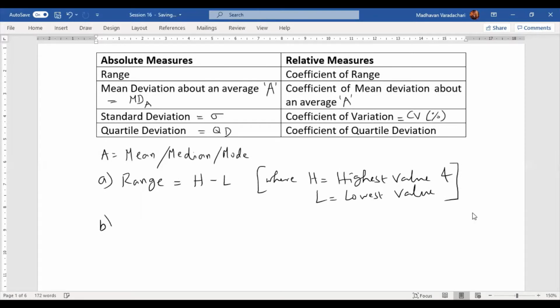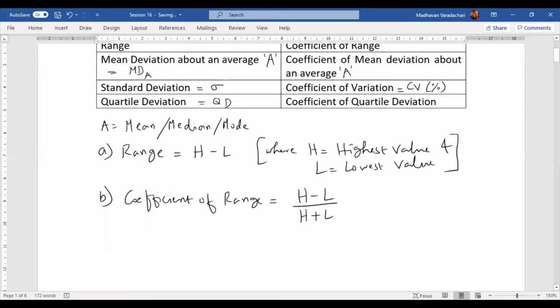Then the corresponding relative measure, which is coefficient of range, is highest value minus lowest value divided by highest value plus lowest value. When you say relative, it is about a comparison. So here the comparison is between the range divided by the sum of the highest and lowest. So it is generally in the form of a ratio.